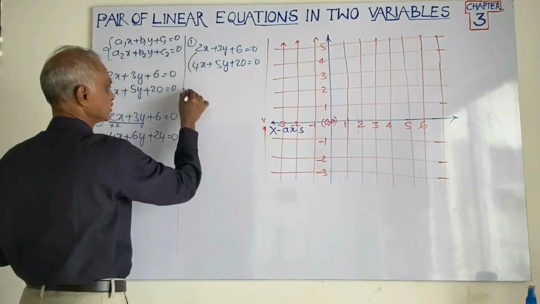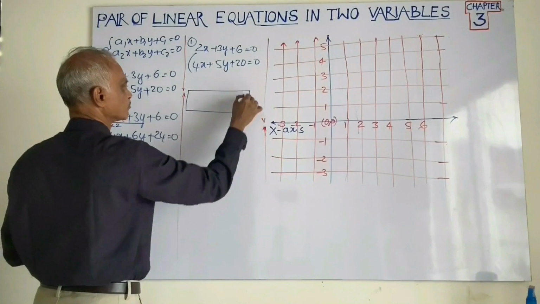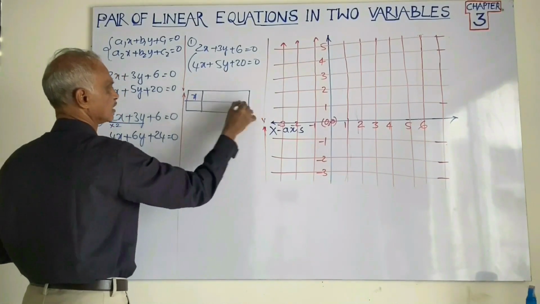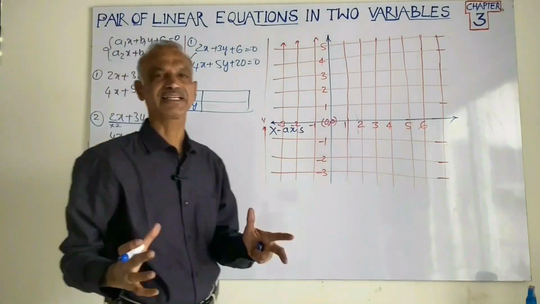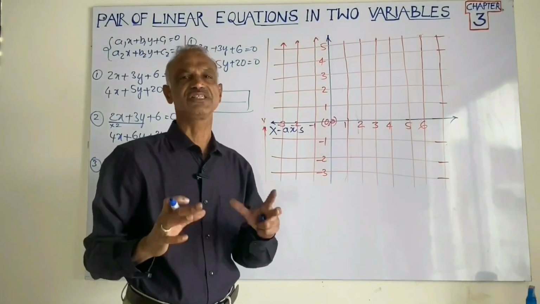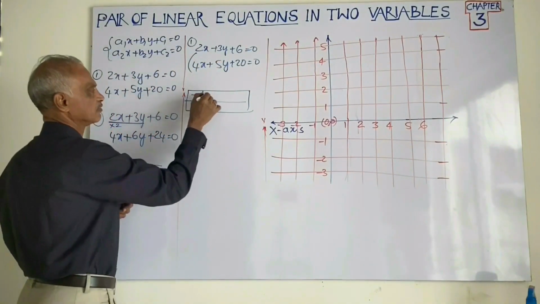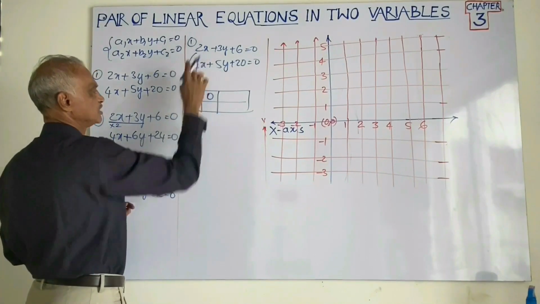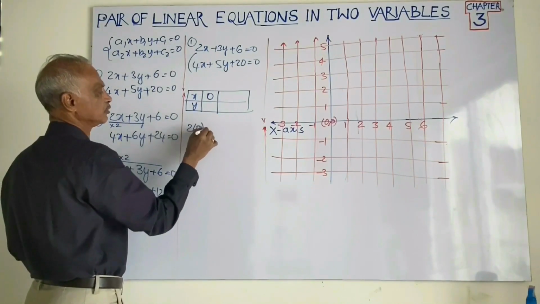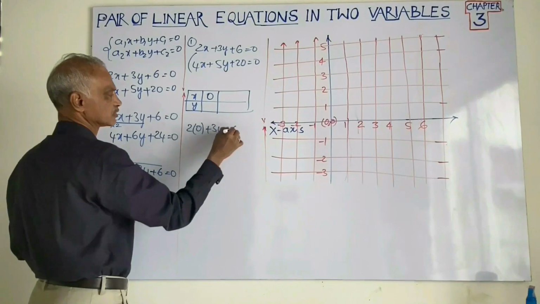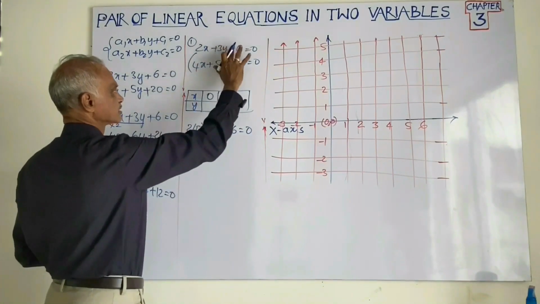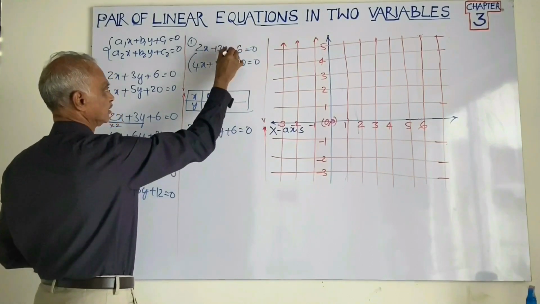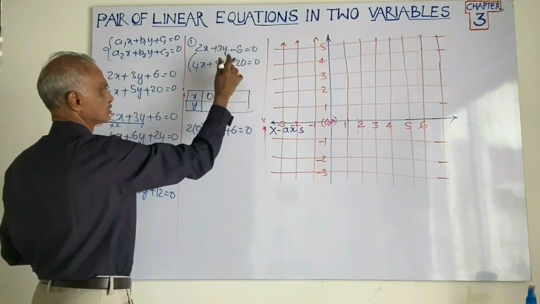Now I will take this 2x, first x and y. I will tell you one technique how to draw the graph very easily. Instead of x, I will take 0, substitute 0. You see, 2 into 0 plus 3y plus 6 is equal to 0. Here I will take minus, it is better to take minus so that you can understand very easily.